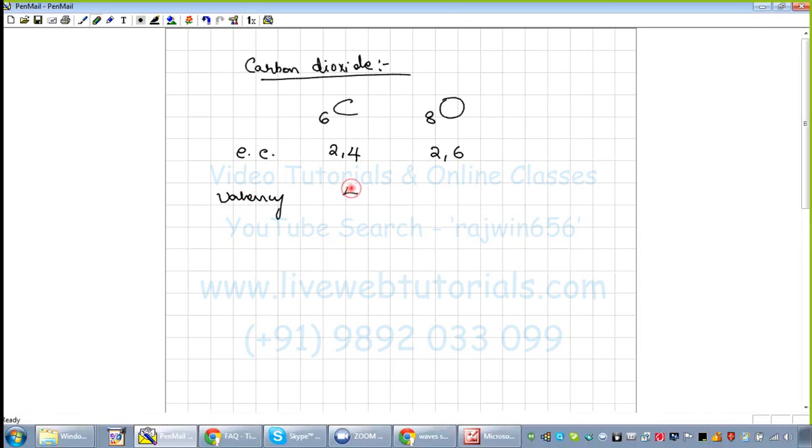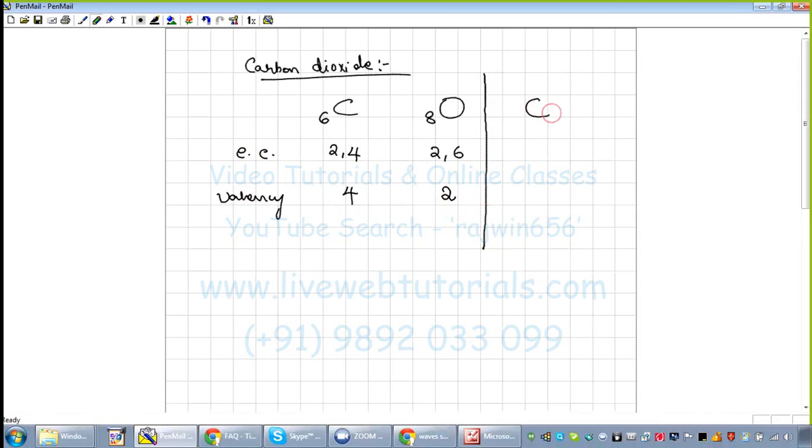Okay, here the valency of carbon will be 4 because it needs 4 more electrons to make octet state. Oxygen needs 2 more electrons to make 8 electrons, that is octet state. So valency of oxygen is 2.